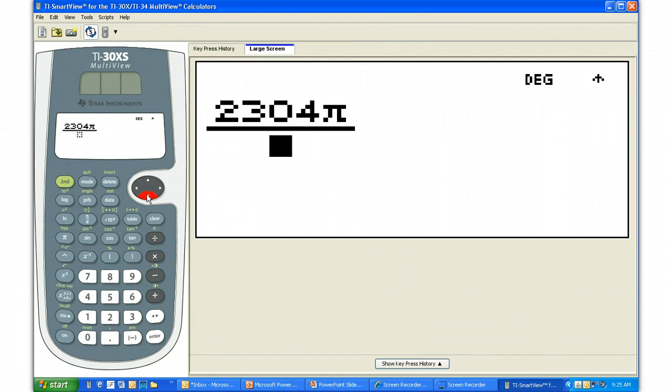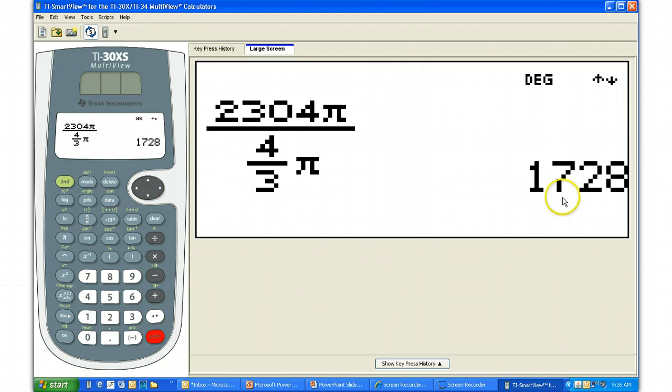Okay, how am I going to make a 4/3 down here? Just hit your n over d button again. So you can put a fraction inside of a fraction, no problem. So 4/3 pi. Okay, so you can just type it all in there. And we get 1,728. I think that's the easiest.